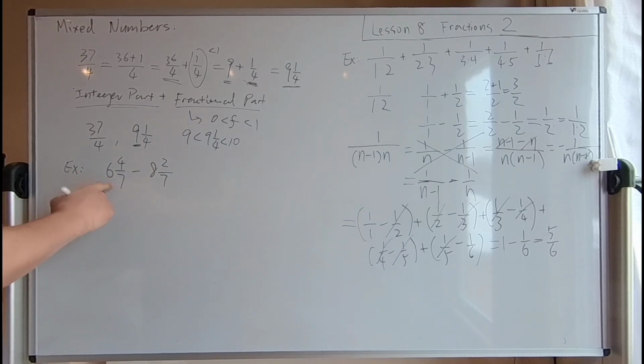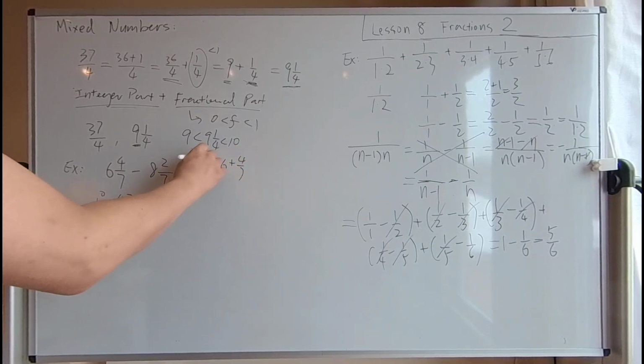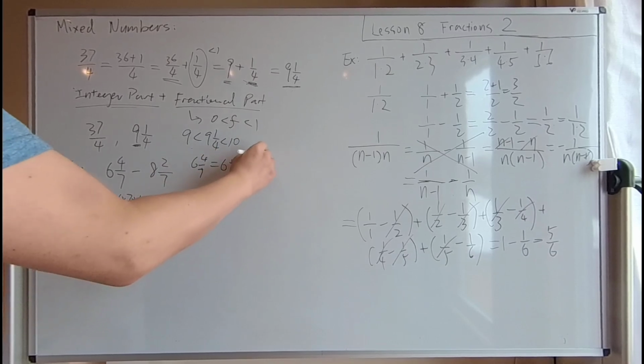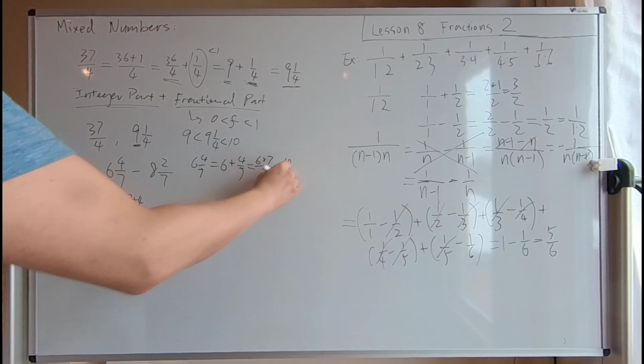So this means 6 times 7 plus 4 over 7. If you don't get this, it is equivalent to 6 plus 4 over 7, and then this further equals 6 times 7 over 7 by looking for the common denominator.